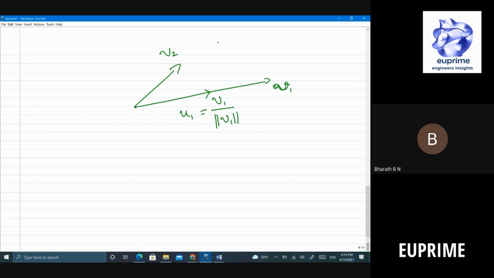Now I have to come up with another vector which is orthogonal to u1. How do you come up with the orthogonal vector? Suppose by some means I could get this. How do you find this? Projection. I haven't taught you what projection is, so what is a projection?